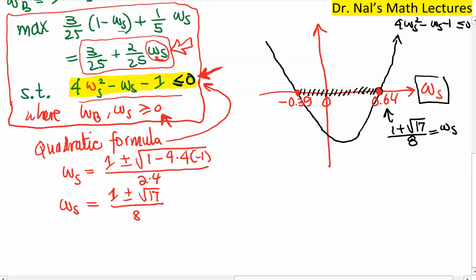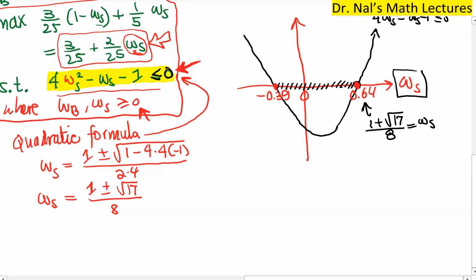And so that's our claim. We claim that the answer to this problem is, let me give the exact answer, the square root of 17 plus 1, divided by 8, which is 64.0388%. That's it, so we were able to find WS.